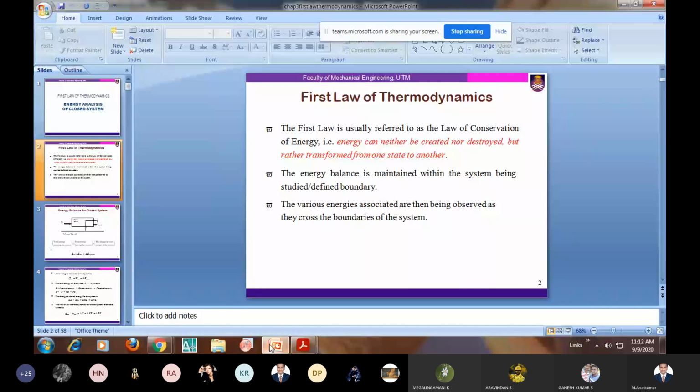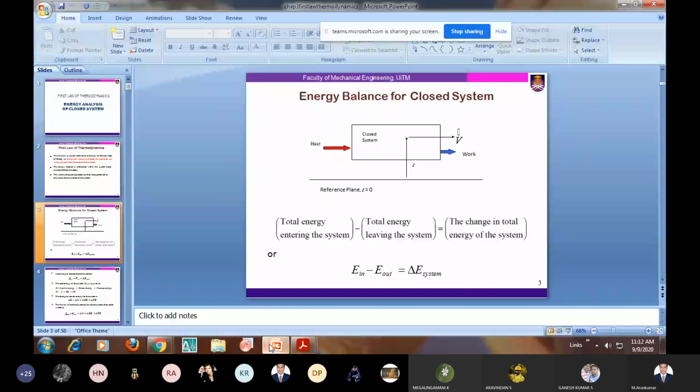The first law is referred to as the law of conservation of energy, so energy can neither be created nor destroyed. This is a closed system. If you provide a heat supply, there can be transfer of heat to the system or out of the system, and work into the system, work by the system or on the system.